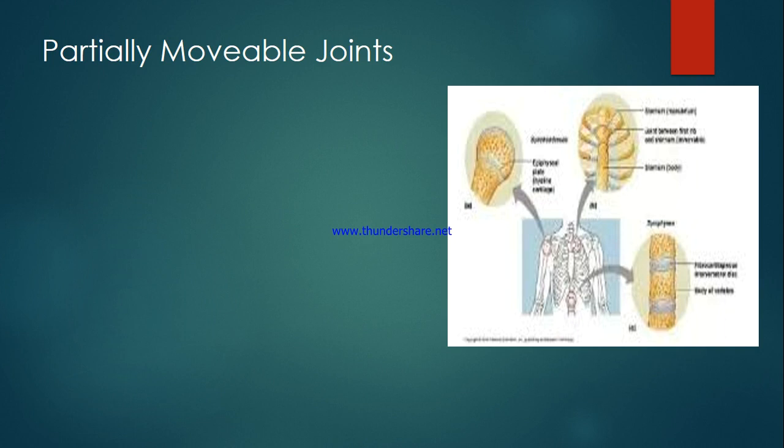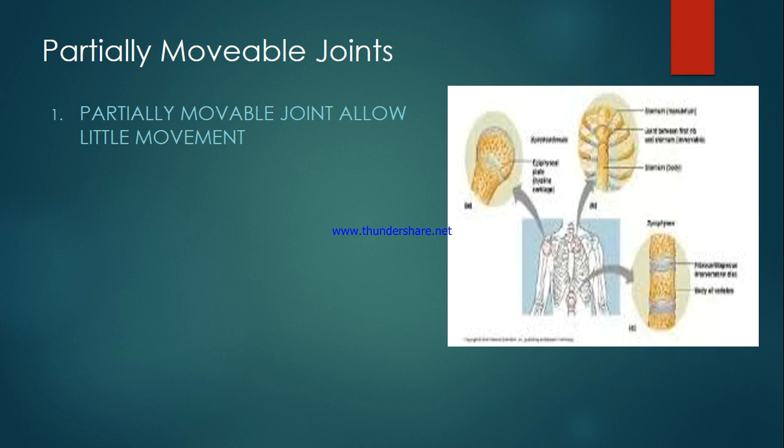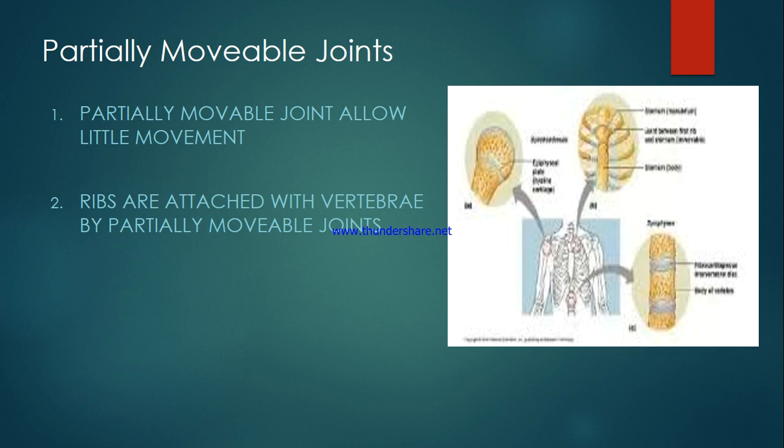Now we will discuss the second main part of joints, which is partially movable joints. As you have observed in the diagram, partially movable joints allow little movement in the bones. The main example of partially movable joint is the joint of ribs with the vertebrae.